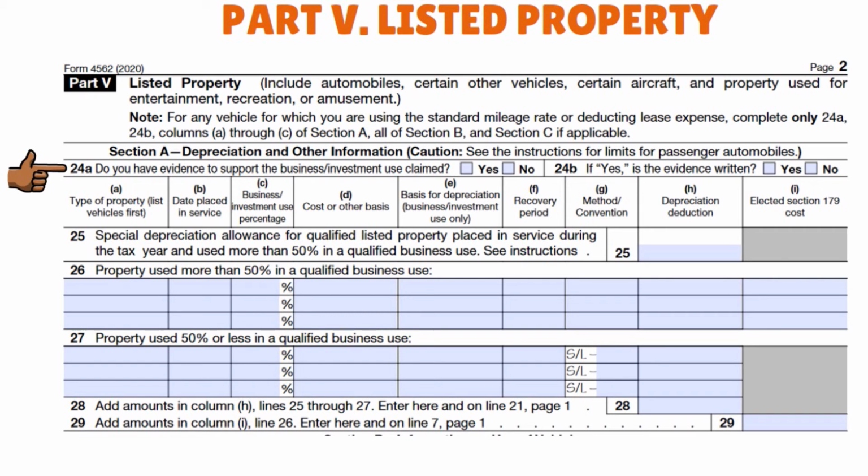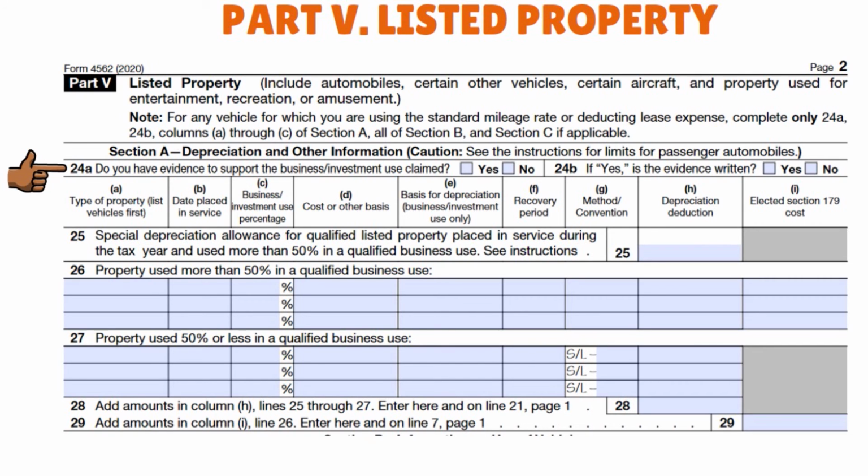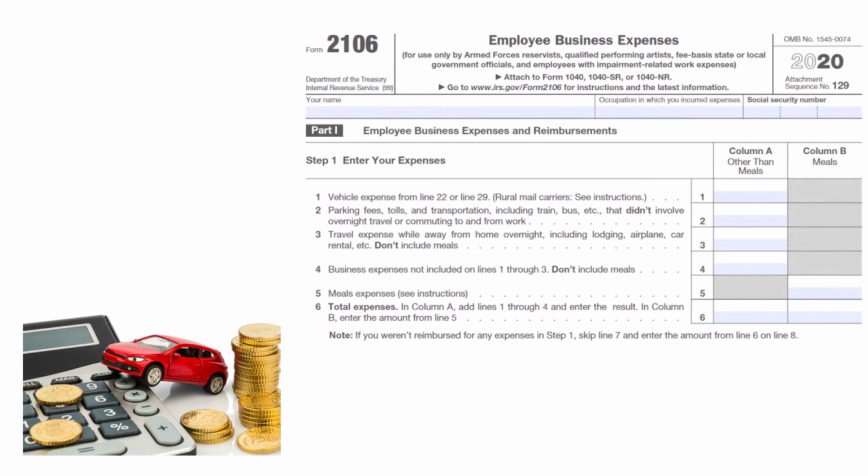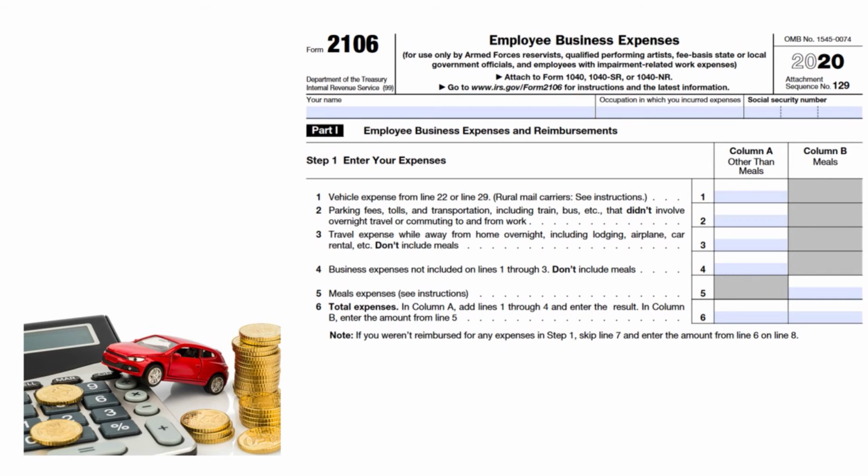So if you claim the standard mileage rate, actual vehicle expenses, including depreciation, or depreciation on other listed property, you must provide the information requested in part 5, regardless of the tax year the property was placed in service. However, if you file Form 2106, you need to report this information on that form and not in Part 5.